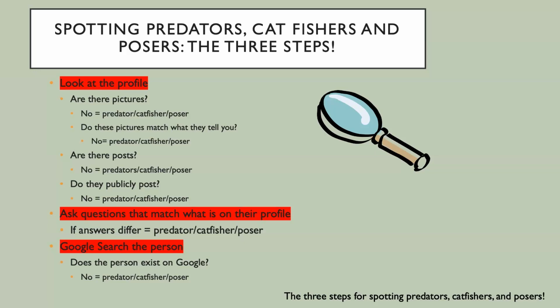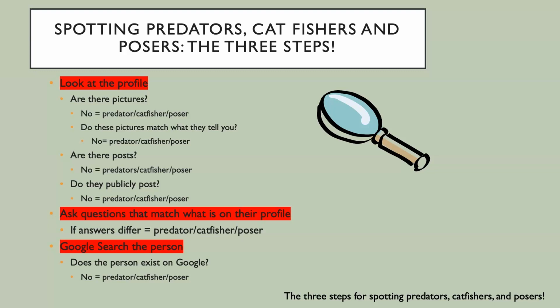So I said, there's 3 things you can do to see if somebody's a predator. And I'm developing a visual checklist for this specific thing. So the 3 things are: look at the profile. I actually had a young adult with Down syndrome help me with this, because she was doing something with me once, and she's like, that could be a poser. And I'm like, huh?